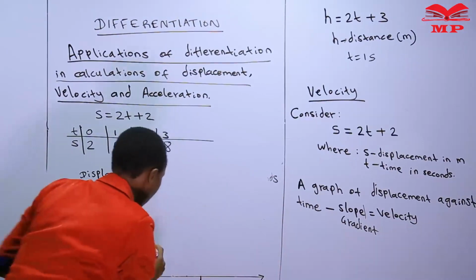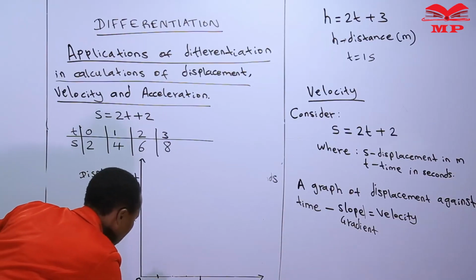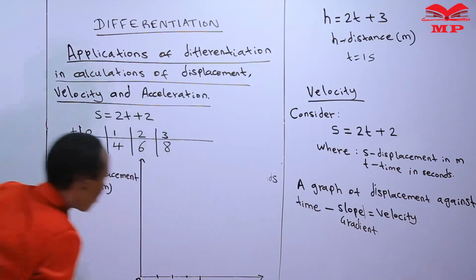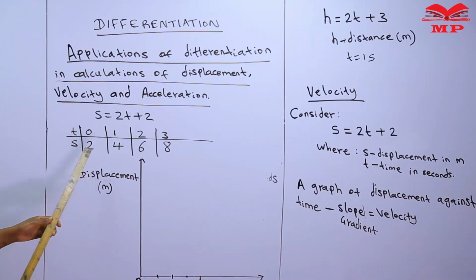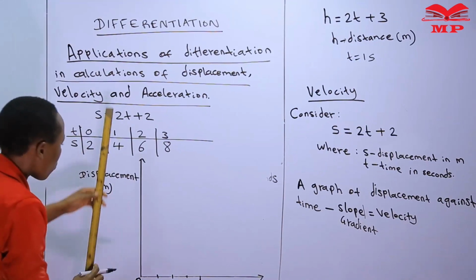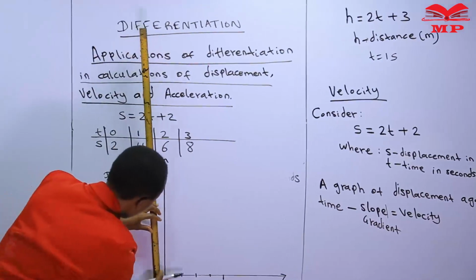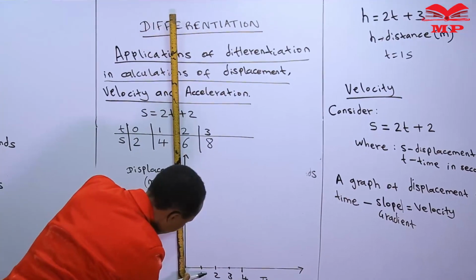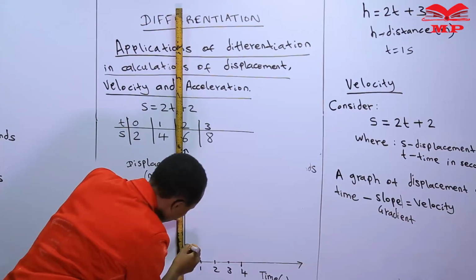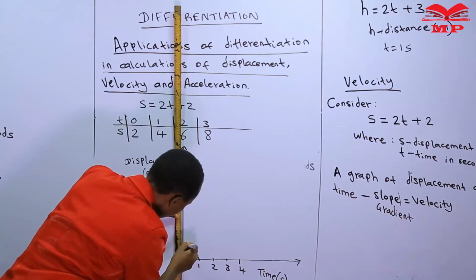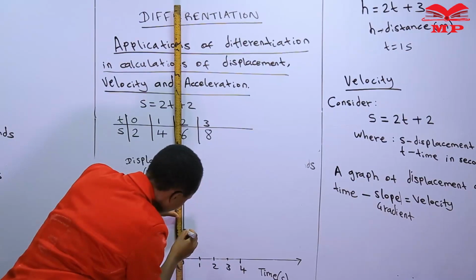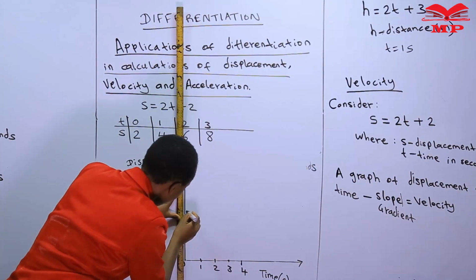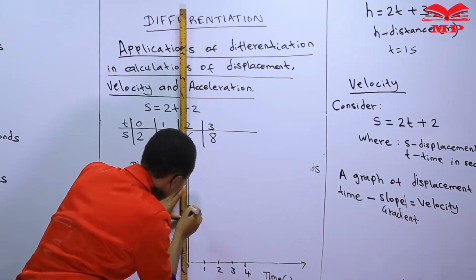So that's what we have. We have 0, 1, 2, 3, 4. Then we have the displacement. The lowest is 2 to 8, so we can have 2 to 8. We have 0, 4, 6, and 8.